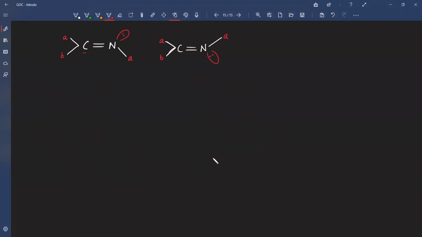You can say that the second one is cis, and the first one is trans.